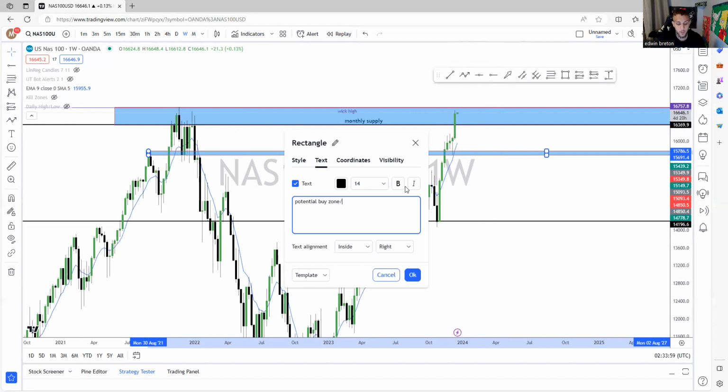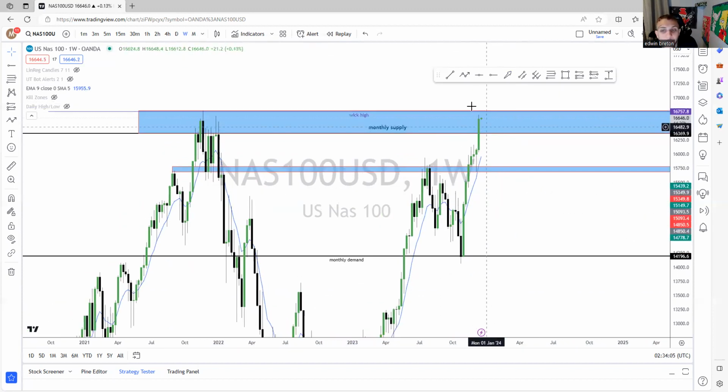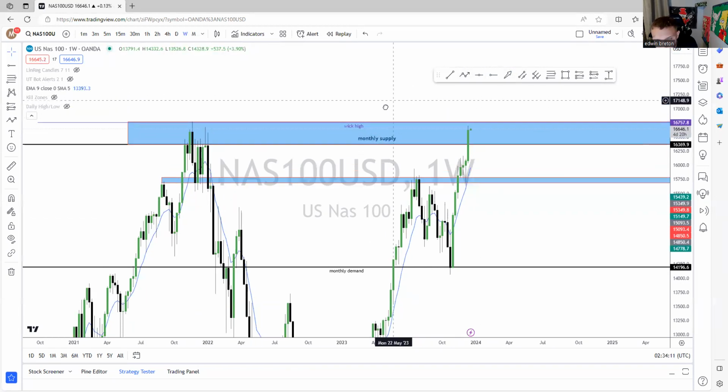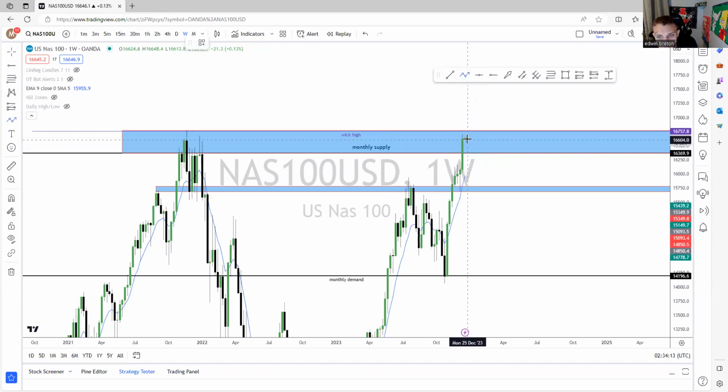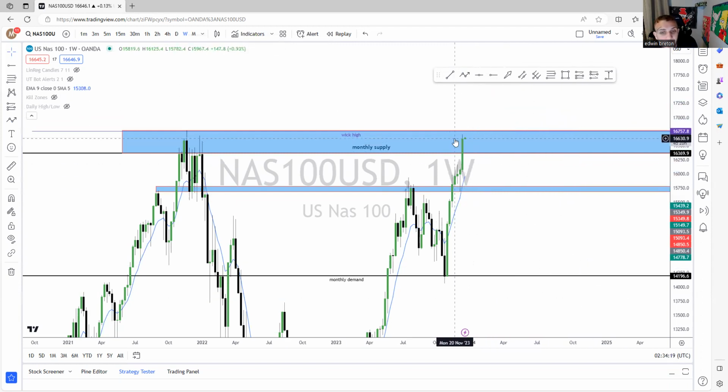Or demand. So I got my supply up here and I got my demand down here. Would I want to be taking shorts from here, right? Unless we do trade back above this monthly wick, right? If not, then this is my plays throughout the week. This is what I'm looking for, throughout the week, watching out for this area, watching out for this area.